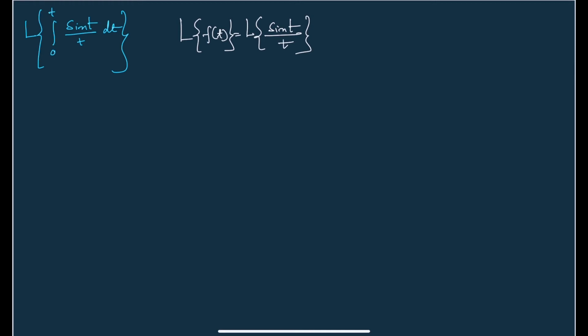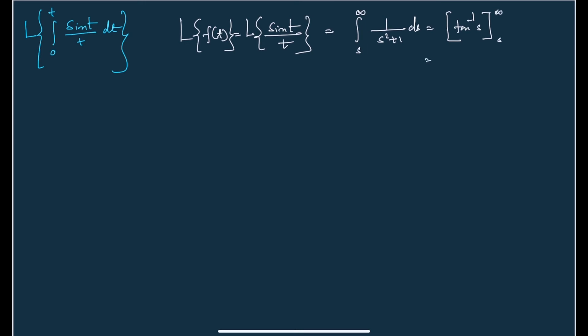According to what we have studied earlier, the Laplace transformation will be the integral from s to infinity of 1 by s square plus 1 ds. This is going to be tan inverse of s, from s to infinity.